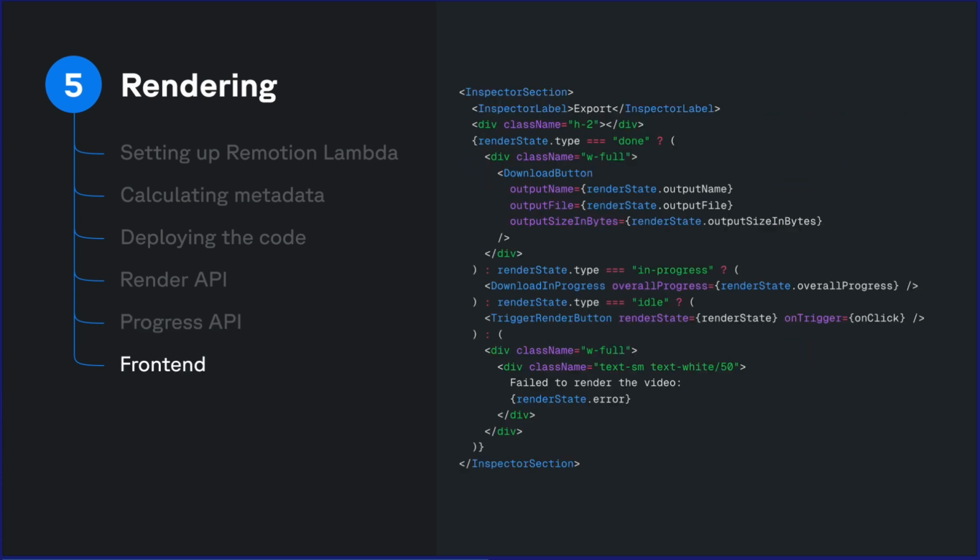This is a bit of front-end boilerplate code that is necessary. We have a render button, a progress bar. At the end, you get a URL that points to an item in S3. And if you visit that URL, the video will be downloaded. And of course, we should also handle the error.